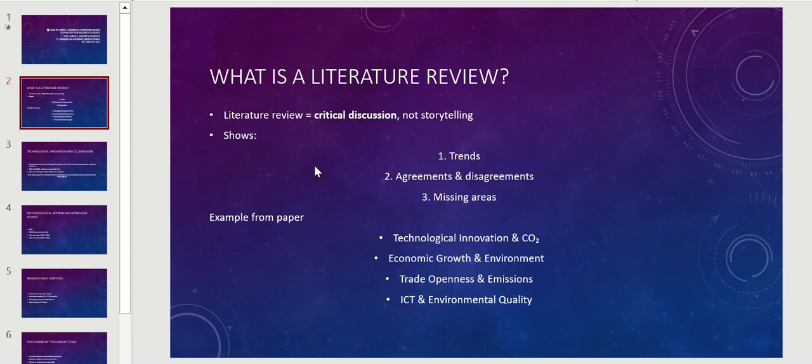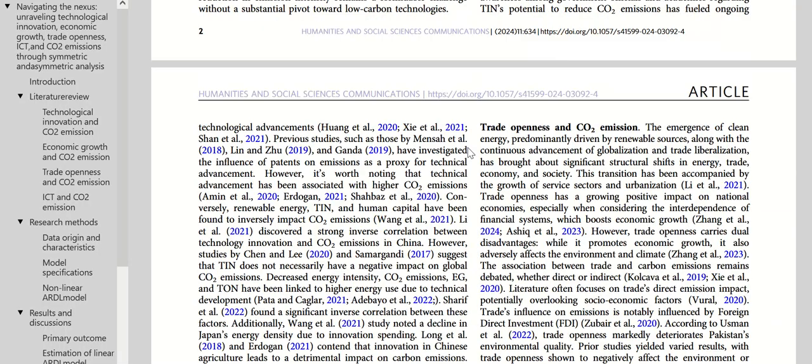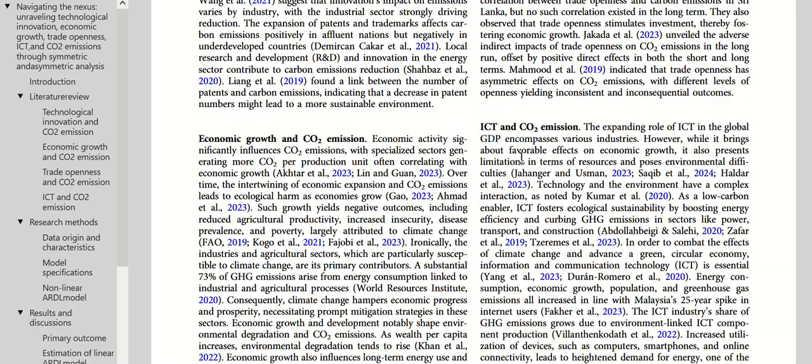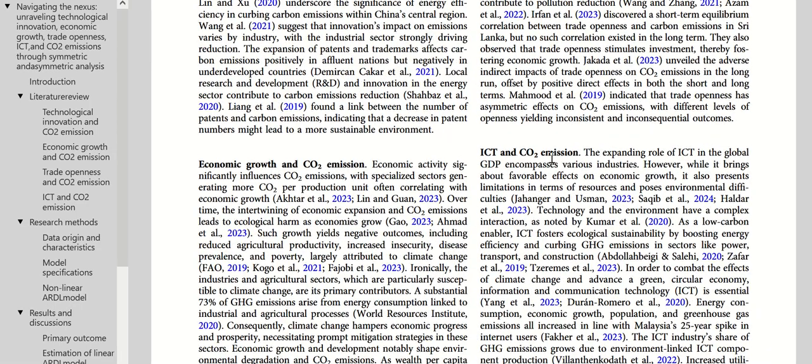First of all, we need to understand how many variables we have in this literature review. The first is technological innovation, the second is economic growth, the third is trade openness, and the fourth is ICT.